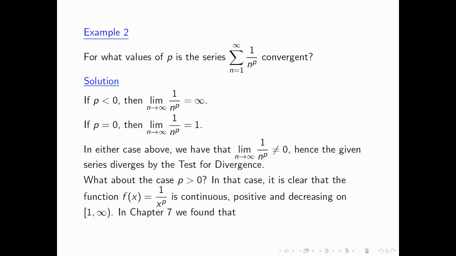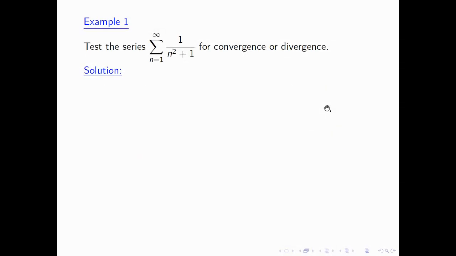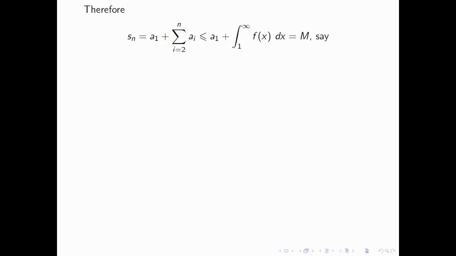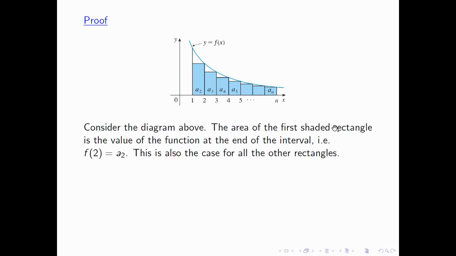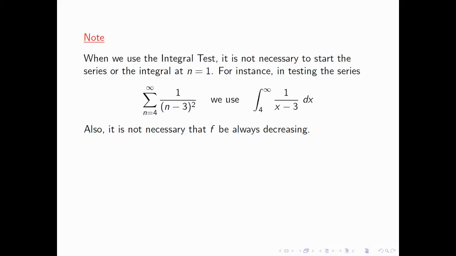So this P series, the way we know that the P series converges or diverges is as a result of the integral test, right? So there's the detail around the integral test. And then we did example 1, we did example 2.